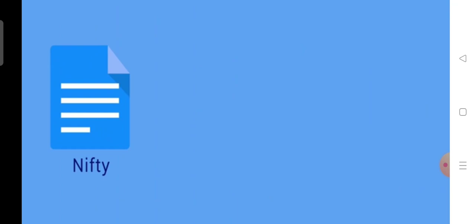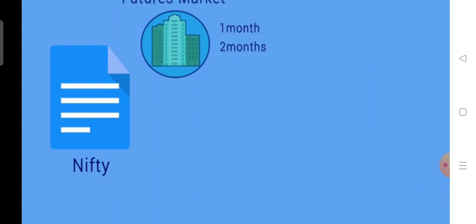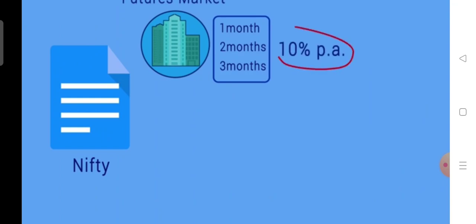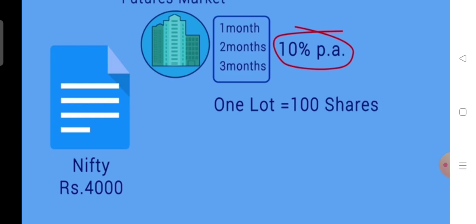Nifty futures trade on NSE as 1, 2 and 3 months contract. Money can be again borrowed at 10% per annum, and the current value of Nifty is say 4,000, and the lot size of Nifty is 100 shares.